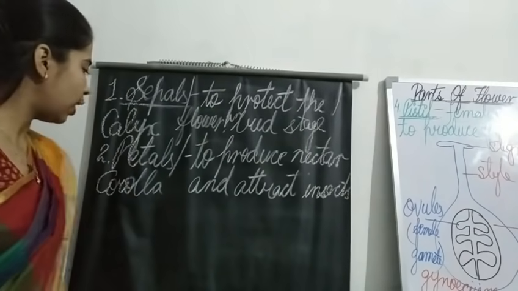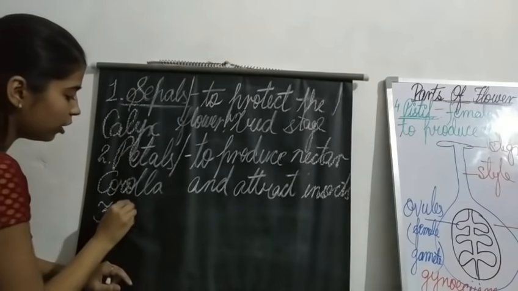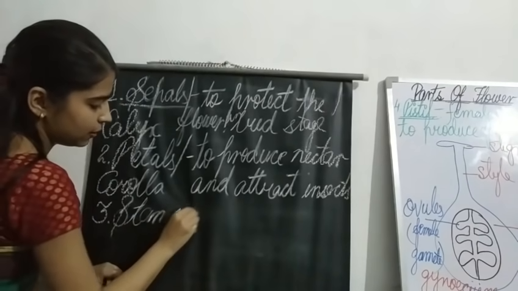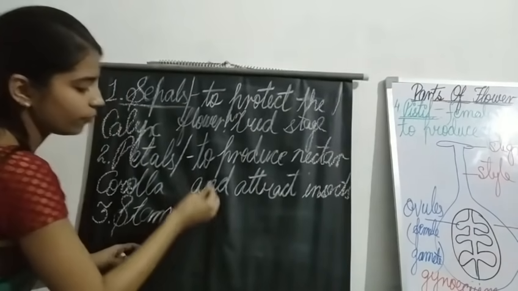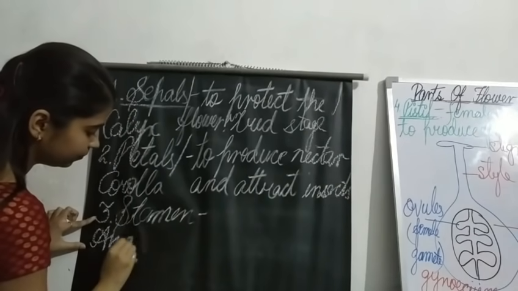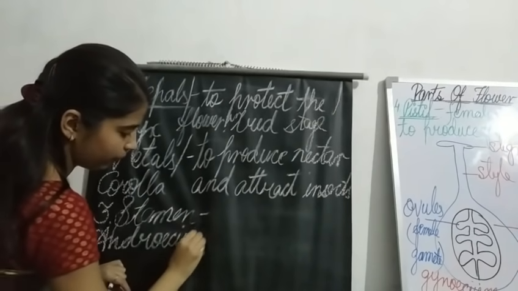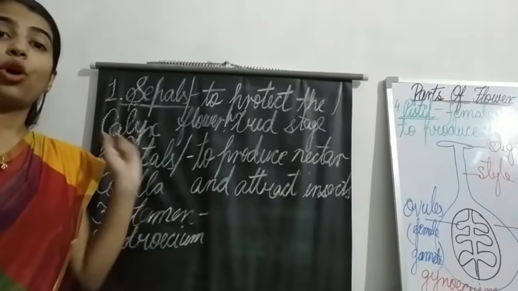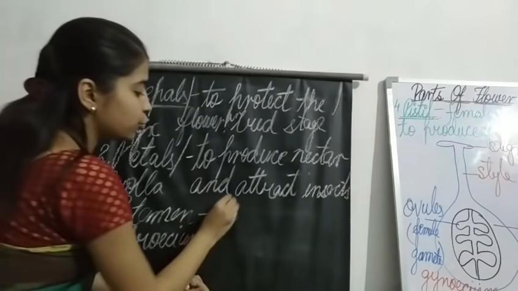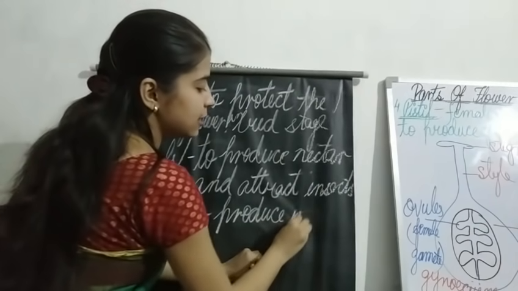Clear, students? Now, the next whorl of the flower is your stamen. The other term for stamen is androecium. Stamen is also your male part of the flower, and its main function is to produce male gametes or male cells.